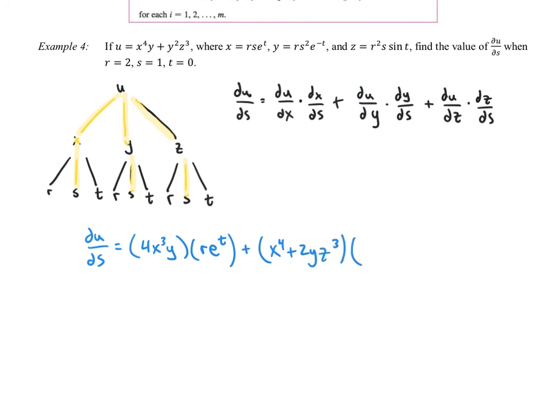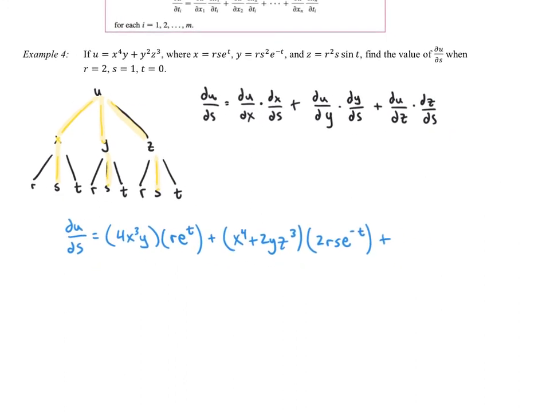The derivative of y with respect to s will be 2r s e to the negative t. Then we have the derivative of u with respect to z, which is going to be 3y squared z squared times the derivative of z with respect to s, which is going to be r squared sine of t.